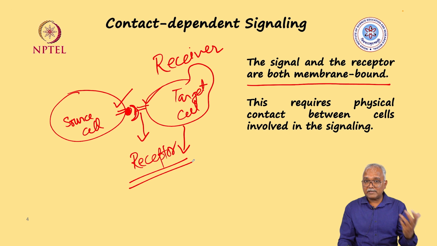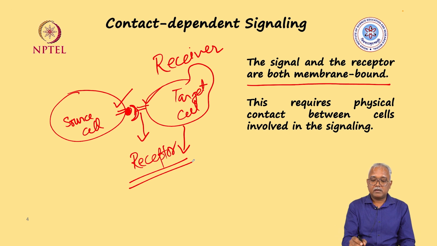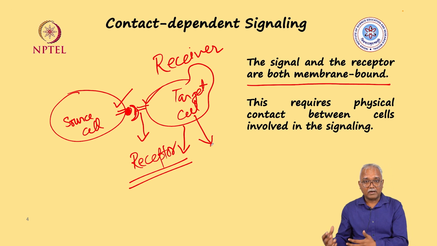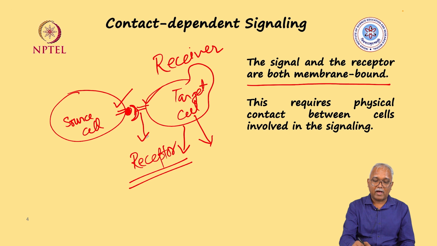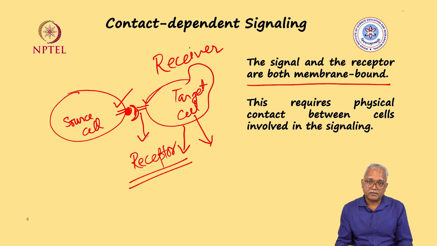Now we will see some cases where, under normal circumstances, out of the two cells involved in signaling, the target cell is always doing the bulk of signaling by virtue of having the receptor.